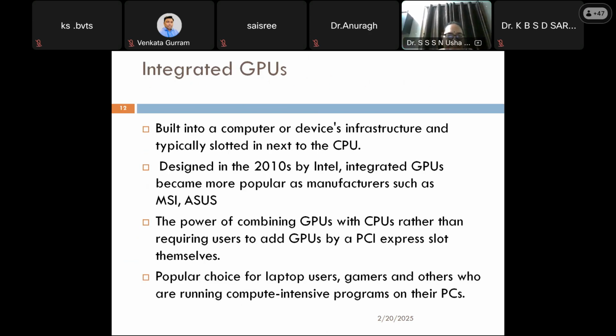Whereas integrated, previously we have seen this kind of thing. iGPU, this is integrated GPU. A slot will be next to CPU, and the peripheral interface is going to take care of it. It's called PCI Express, sometimes we can see PCIe.